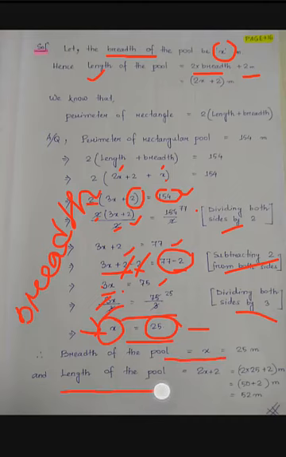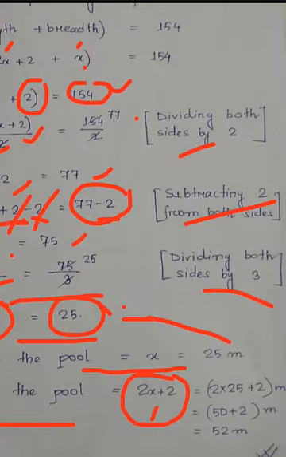Now length of the pool is totally dependent on this breadth. Length can be expressed as twice x plus 2, which was already determined here. So in place of x, we shall be putting the value 25. When we put this value here, 2 into 25, 25 in place of x, plus 2. So multiplication is to be performed first.